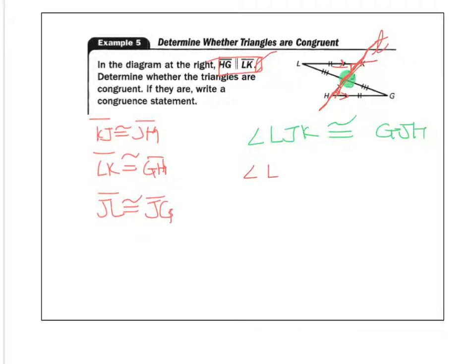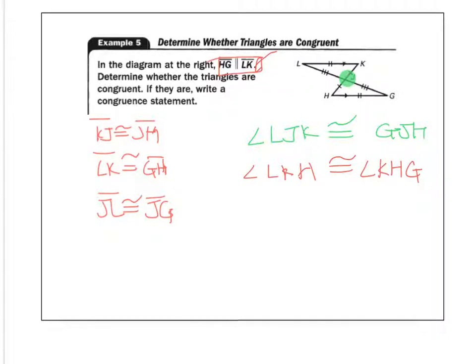So angle LKH should be congruent to angle KHG, and that's my second angle.